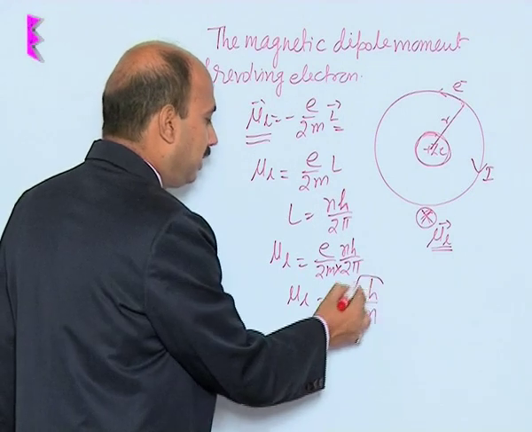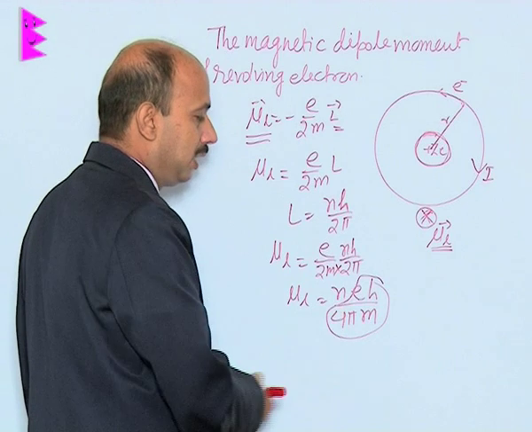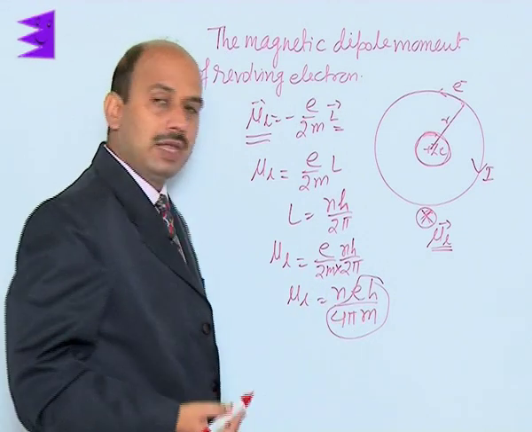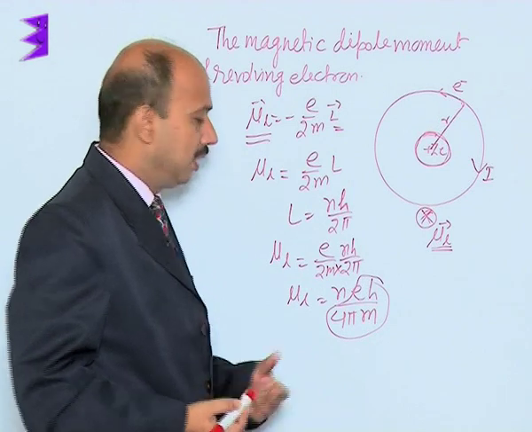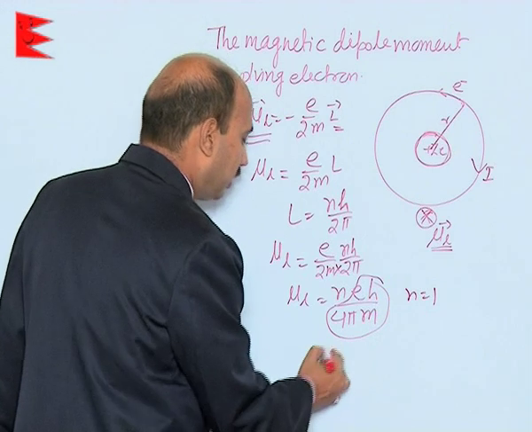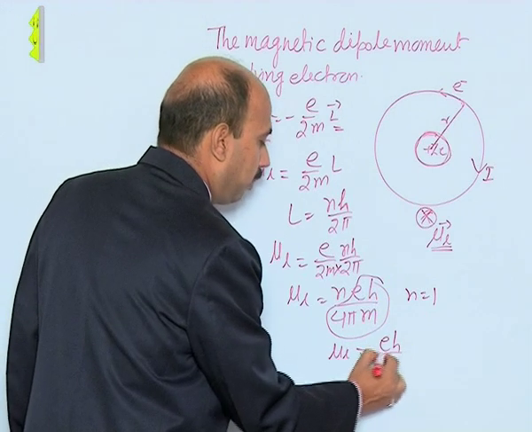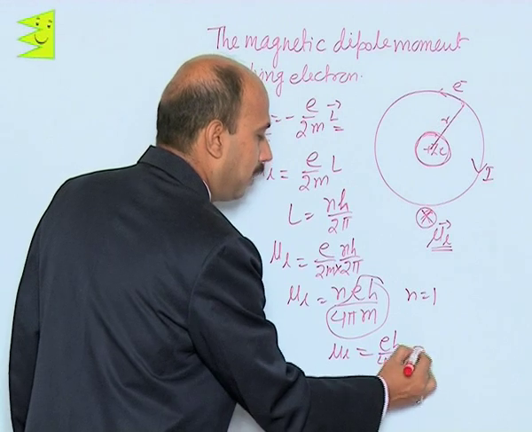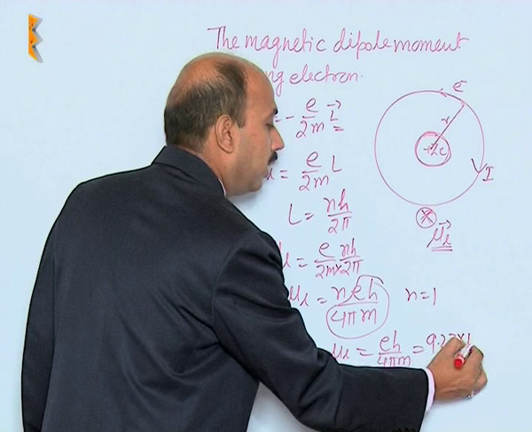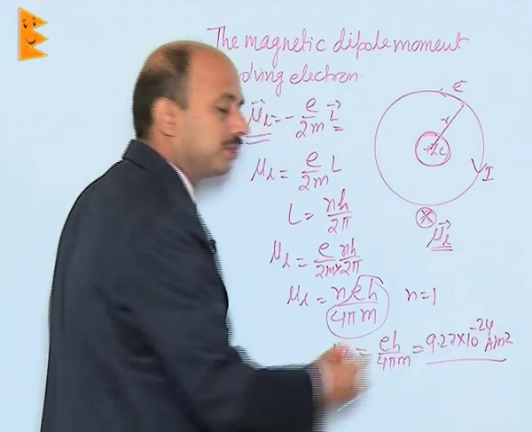Now see here, everything is constant. The charge of the electron, Planck's constant, pi and the mass of the electron are all known. By putting all these values and n is equal to 1, you get mu L is equal to E h upon 4 pi m. Solving, we get 9.27 into 10 raised to power minus 24 ampere meter square.